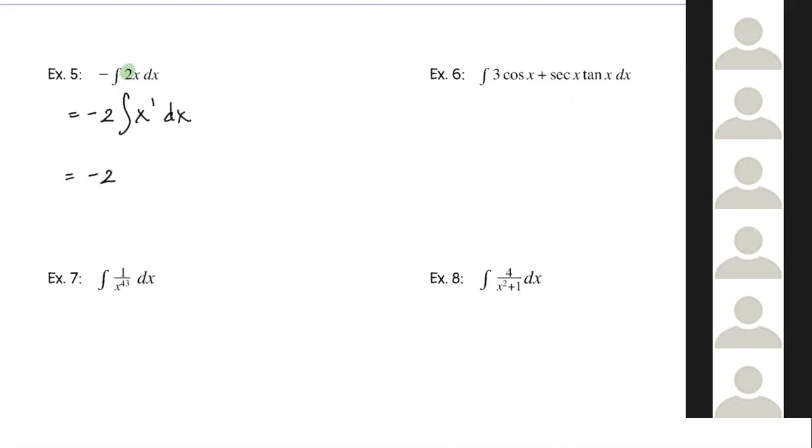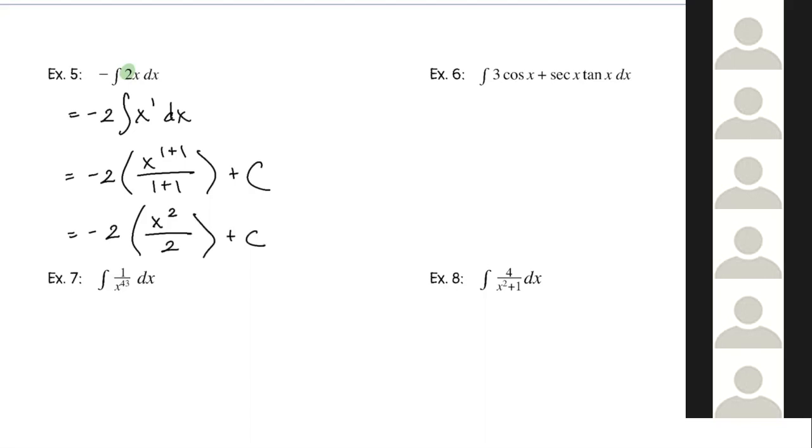We get negative 2 times x to the 1 plus 1 over 1 plus 1. Don't forget our plus c, making an effort to make it a capital C if we ever want to interact with WebAssign. Otherwise, it doesn't really matter. And when we simplify this, we'll get negative 2 x squared over 2 plus c.